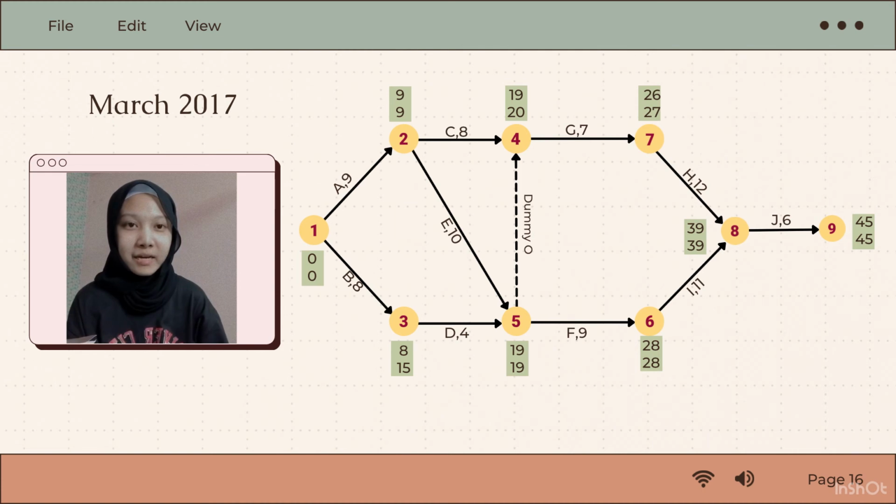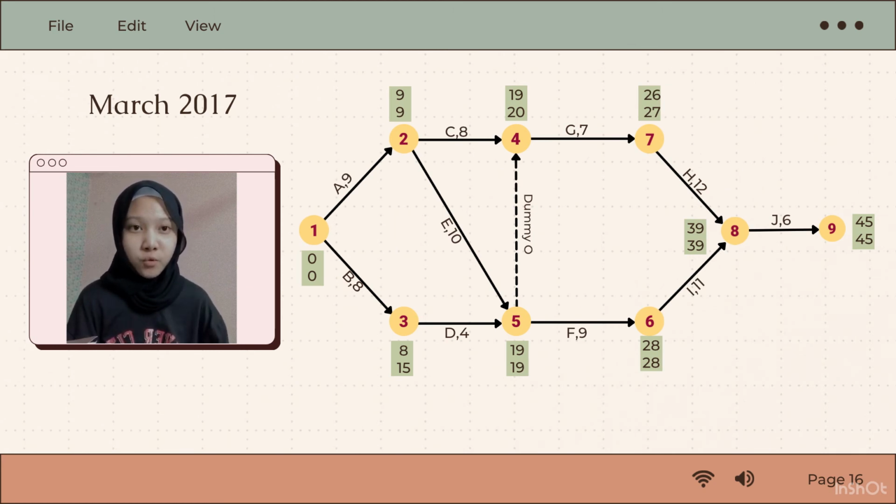To calculate LET, we need to start from backward with 45. So remember, to calculate LET, we need to minus. So 45 minus 6, we get 39. 39 minus 12, we get 27 for number 7. And 39 minus 11, we get 28 for number 6.